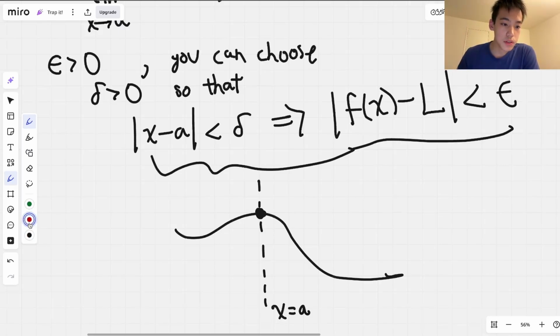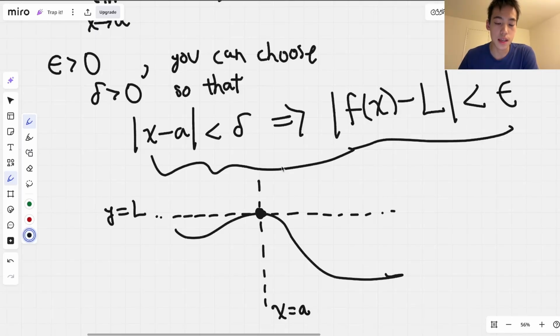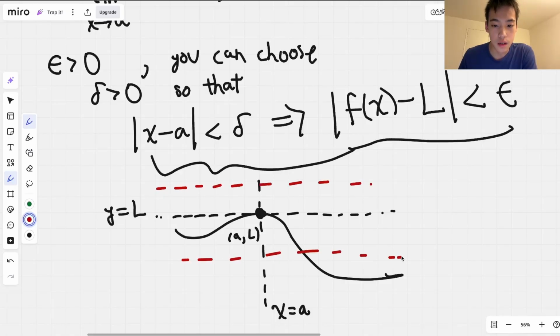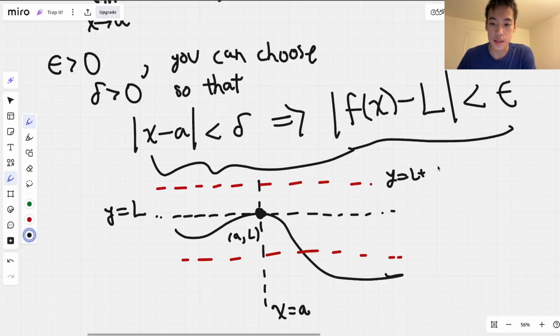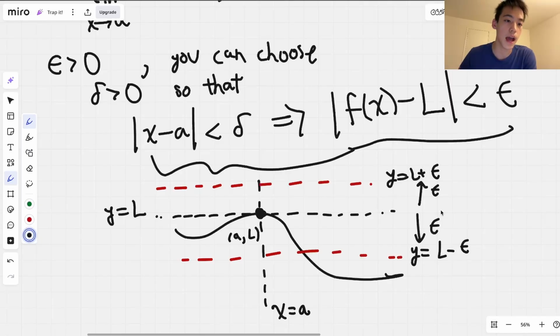And now I'm going to give you a window, and again I'm going to assume that we suspect the function is at y equals L. Then we can say that this point is a comma L. So now let me give you a pair of horizontal lines, so that the top line is y equals L plus epsilon, and the bottom is y equals L minus epsilon. So we're going epsilon above and epsilon below. That's what the epsilon over here means.